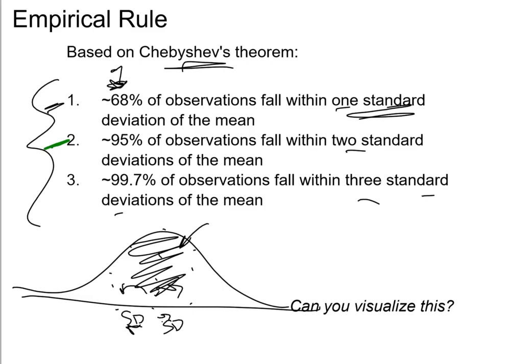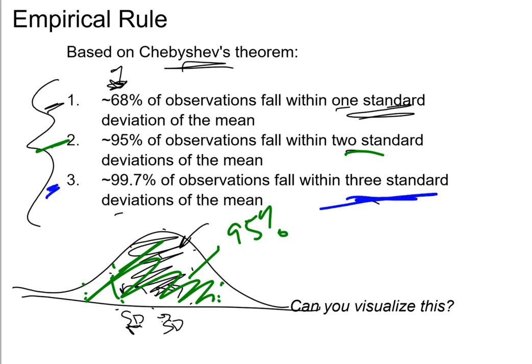If instead we're looking at 2 standard deviations out, that's going to be about 95% of our data. And a normal distribution is usually a really good way to conceptualize this. If I'm going to look 3 standard deviations out from the mean, that's going to be capturing, my goodness, according to this empirical rule, about 99.7% of our observations.